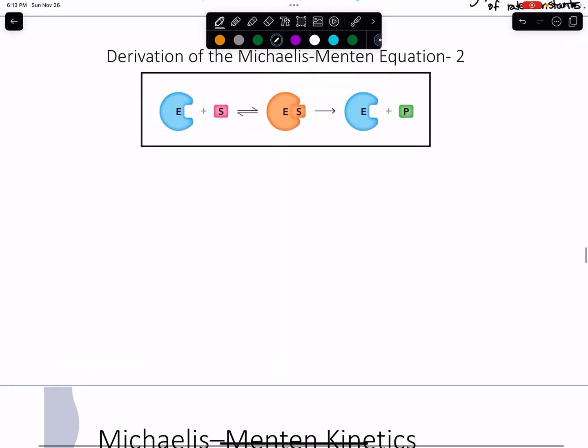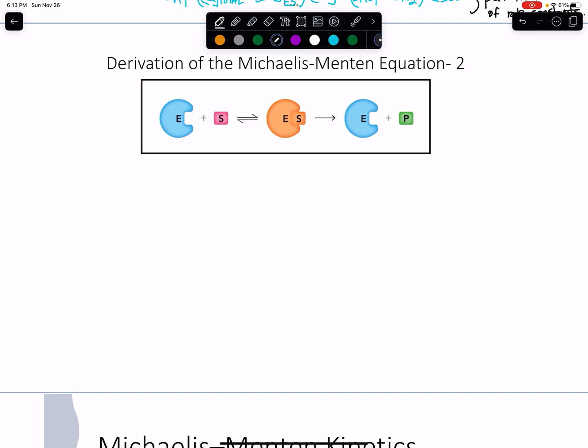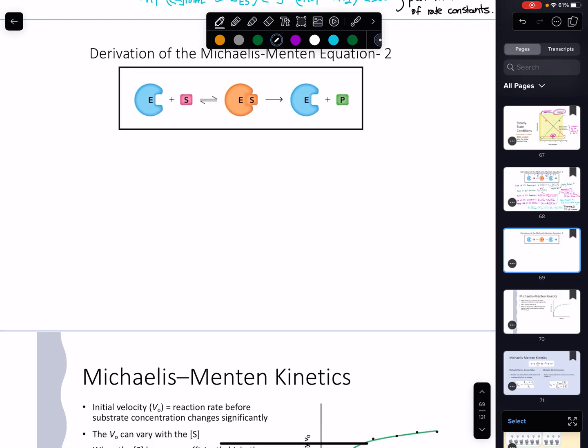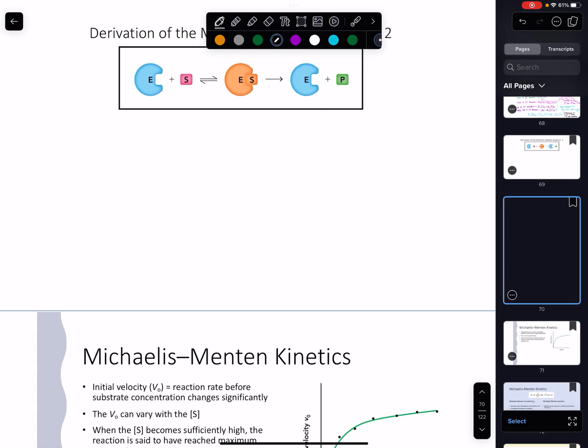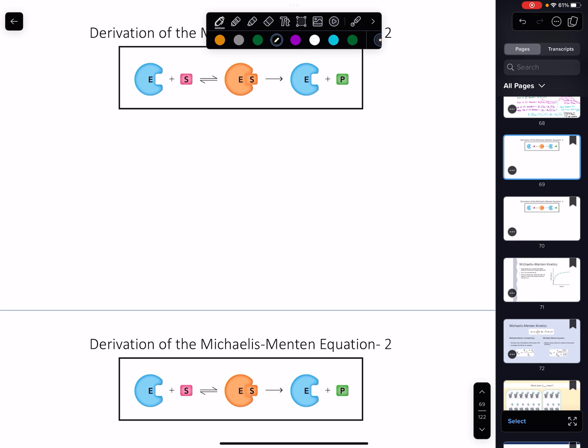Again, that's just some algebra that we're not going to go through every step of.